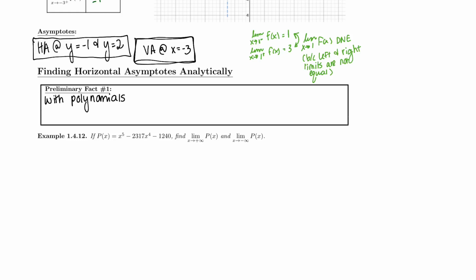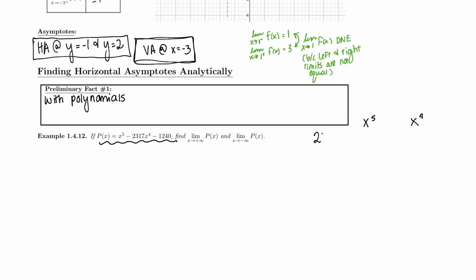So what ends up happening when you're talking about really big numbers? For instance, if we look down here at this function, if you think about x to the 5th and x to the 4th, when I plug in a number like, let's pick 20, it's going to get really big really fast.